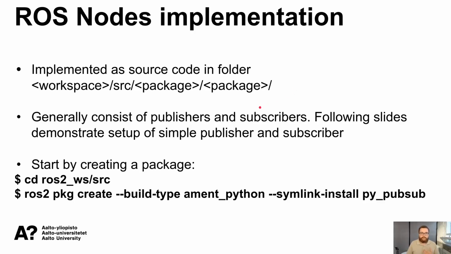When you're implementing nodes, typically you are implementing publishers and subscribers. So you are implementing units of functionality that perform some processing and then subscribe to some topics or publish to some topics. The following slides will give a concrete example of how to create a subscriber and a publisher in ROS with Python.